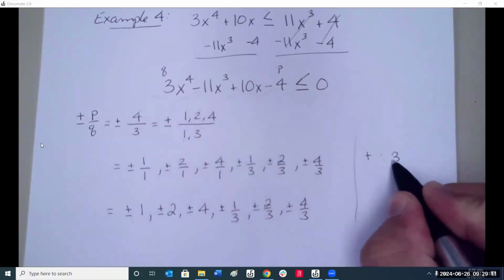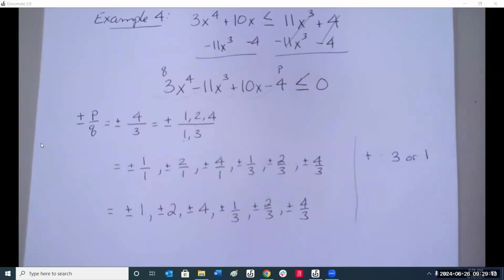So we have 3 or 1. Because what if we have an imaginary or a radical answer? They have to come in conjugate pairs, so those automatically are positive and negative, and you can't count those.